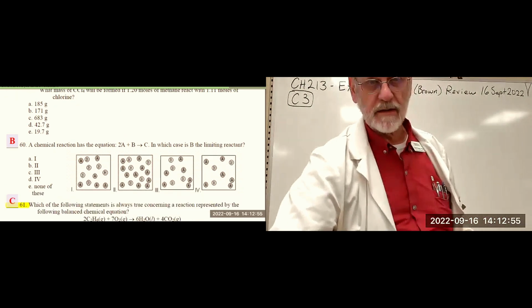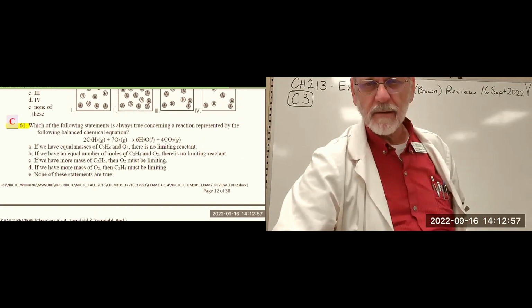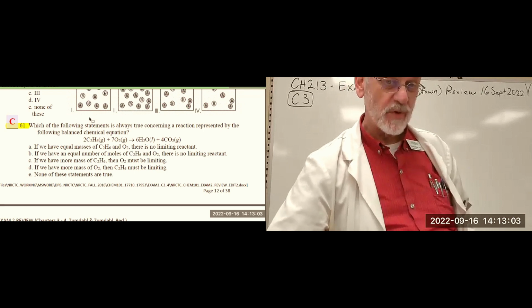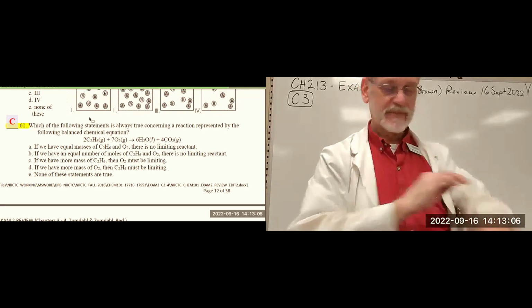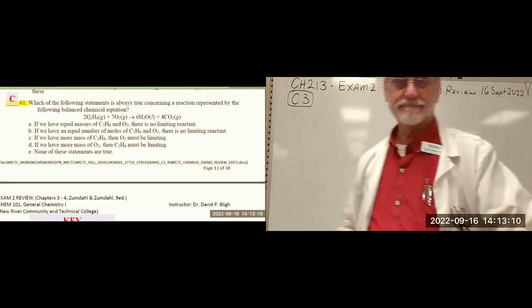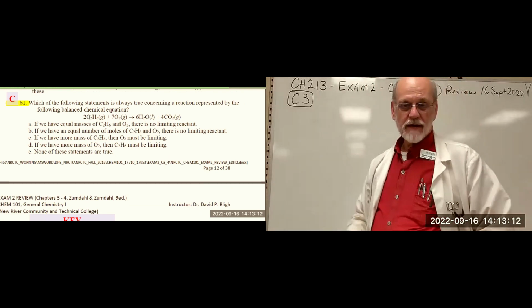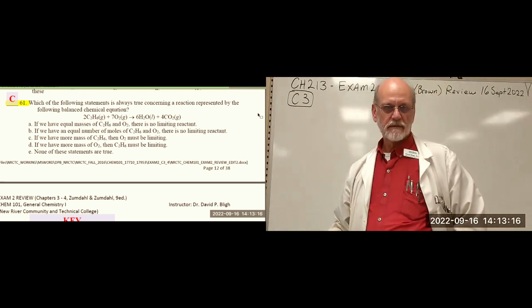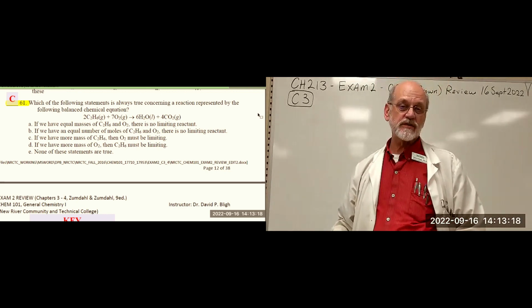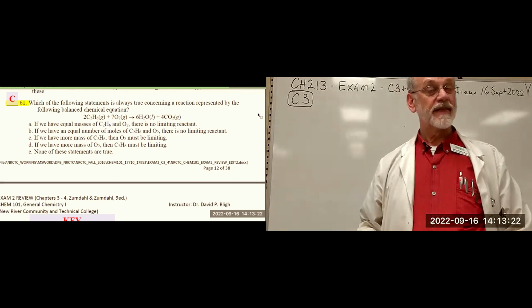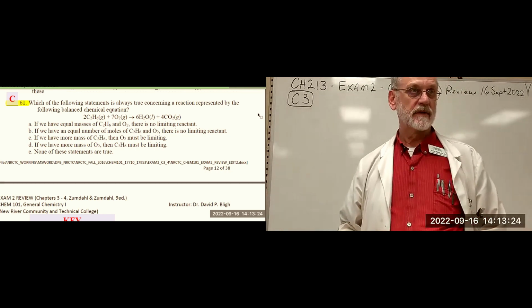All right. 61. I'd like to do 61. If you're given the following reaction, C2H6 is ethane, 2 ethane plus oxygen, that's a combustion reaction.